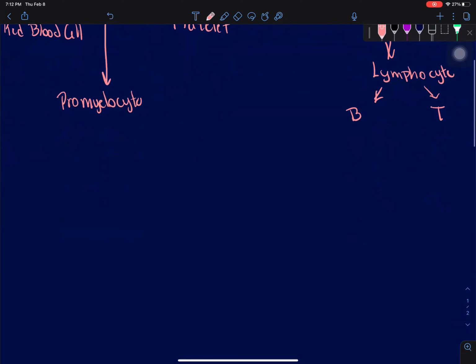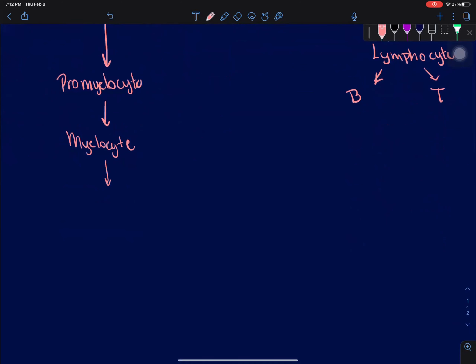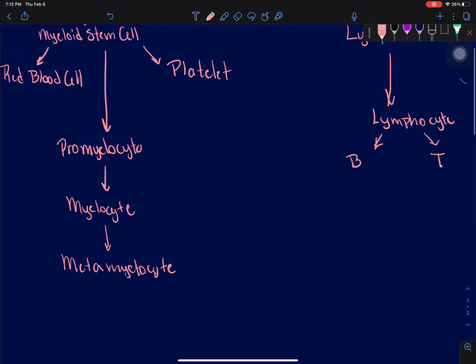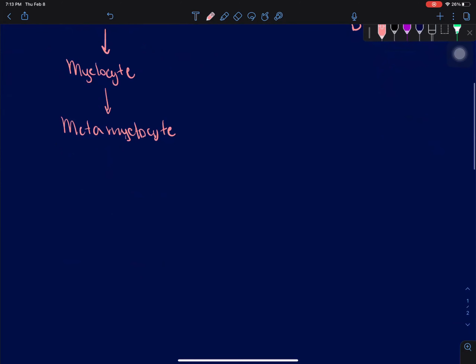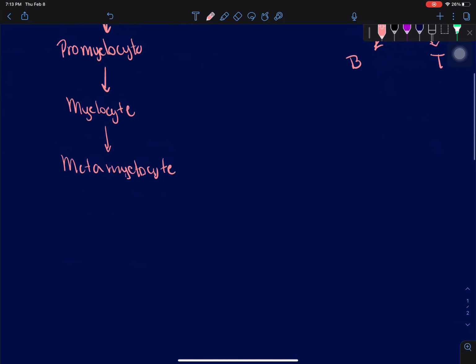Okay. Promyelocyte, it goes into, you guessed it, myelocyte. And from myelocyte, it goes into metamyelocyte. Oh, not I, Y. Okay. So also keep in mind, the farther differentiated we are, the smaller the cell. That's important for something I'm going to talk about in a second.